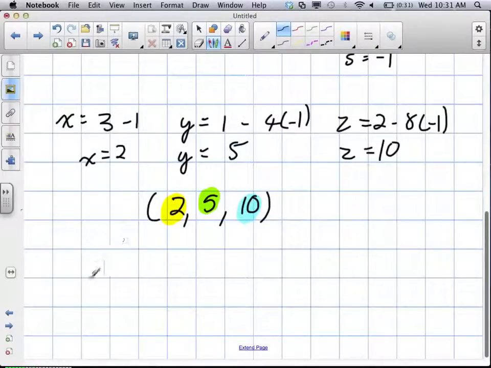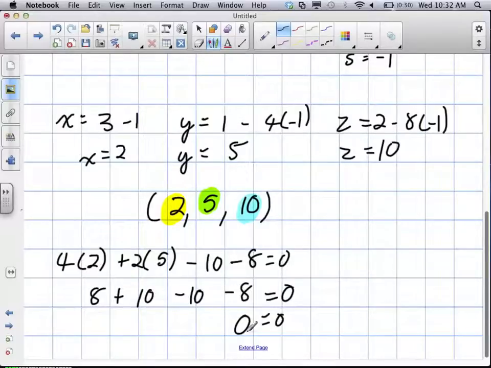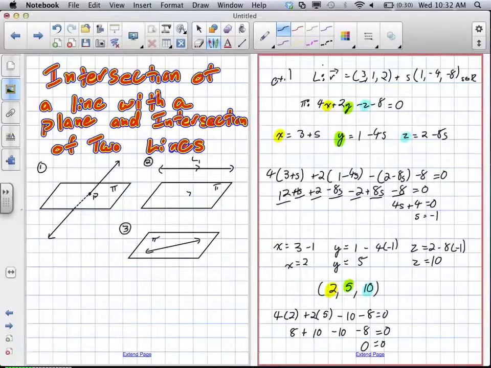Cartesian form of the plane was 4, and instead of x, we're going to plug in the number 2 plus 2 times 5 minus 10 minus 8 is equal to 0. This gives us 8 plus 10 minus 10 minus 8. And we get 0 is equal to 0. So we know that because this holds true, this is a point on the plane, and this is actually specifically the point where our line crosses through the plane. So that is our case 1, which we have there.